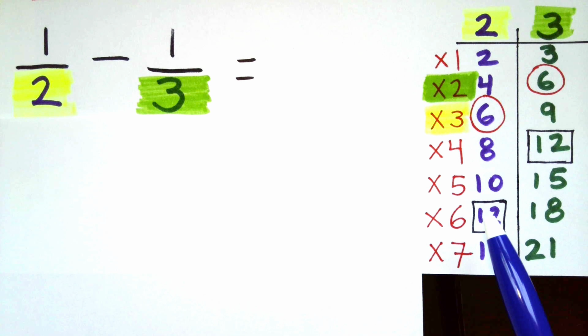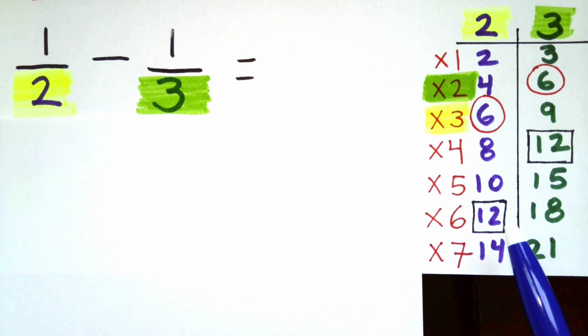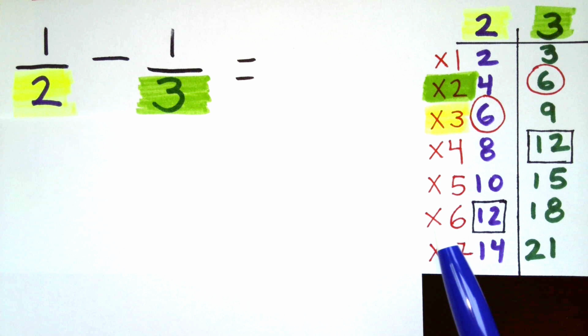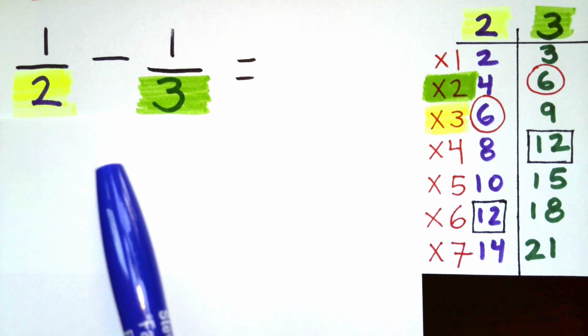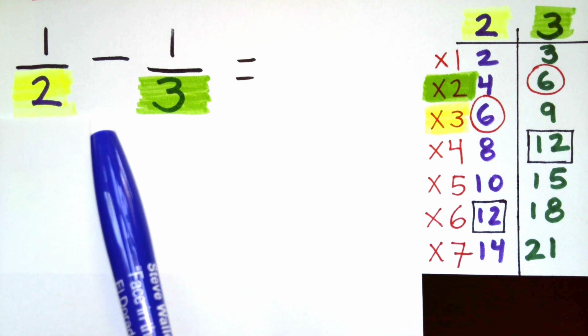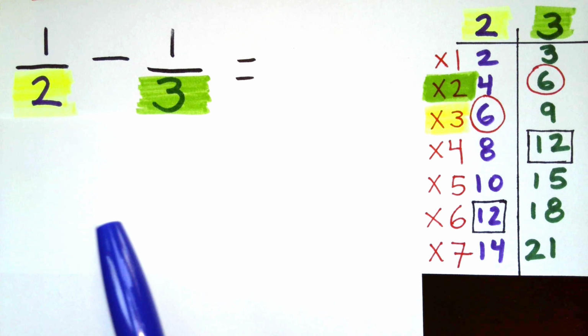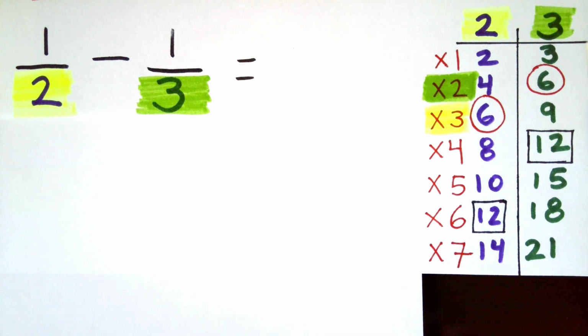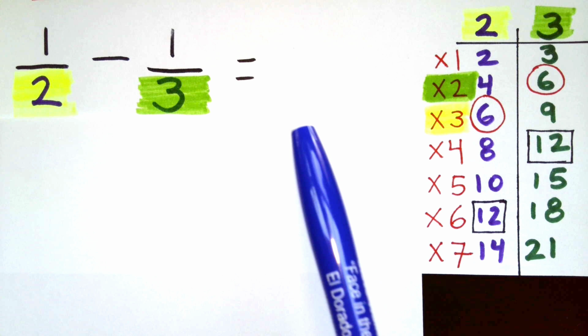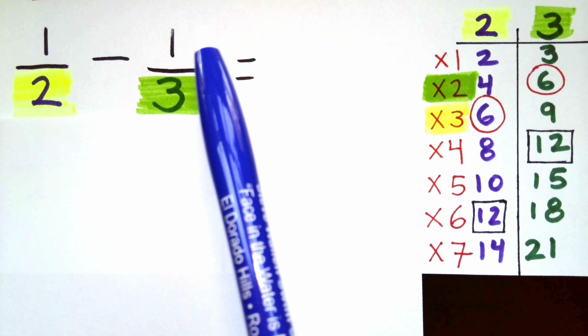If you decided to make the common denominator 12, which you could do, you would multiply top and bottom of the fraction 2 by 6 in the bottom and multiply times 6 on the top. And then you'd multiply 3 times 4 on the bottom and then 1 times 4 on the top.